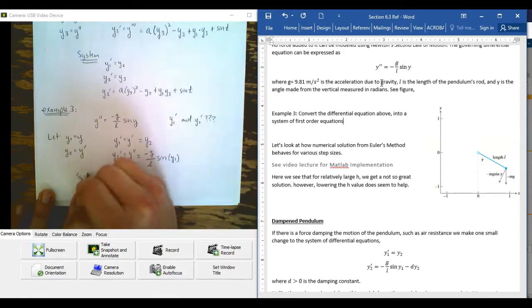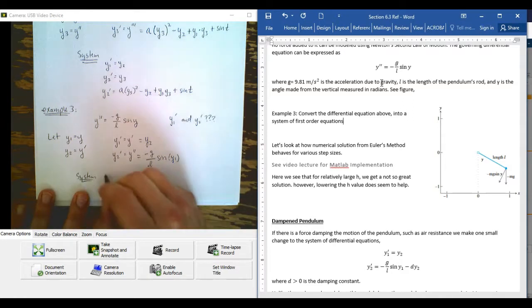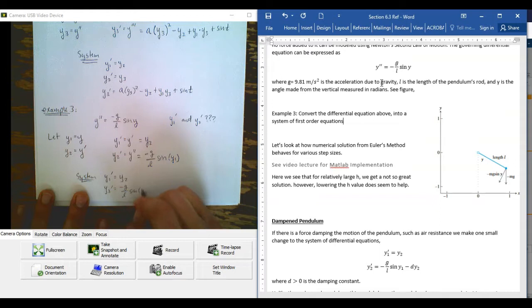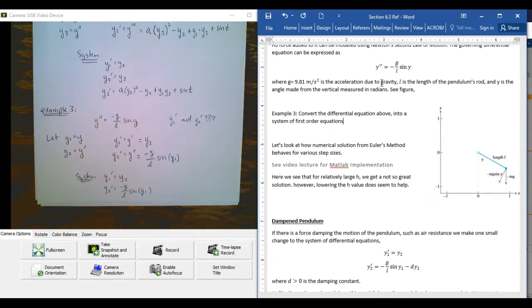Therefore, our system is y1 prime equals y2, and y2 prime equals negative g over L sine of y1. So the solution of this system basically models the motion of this pendulum, right?